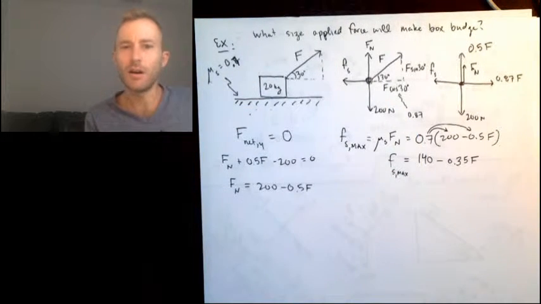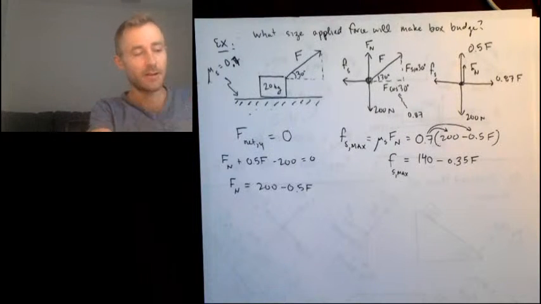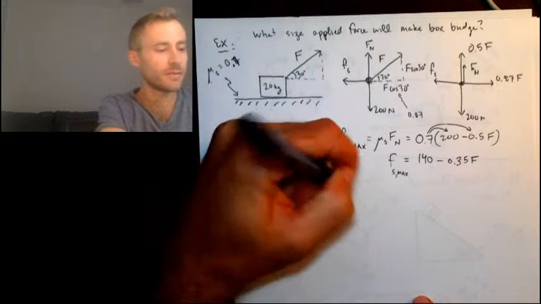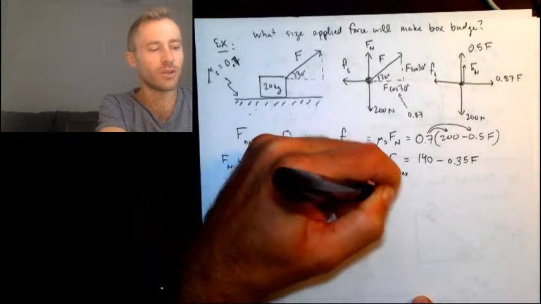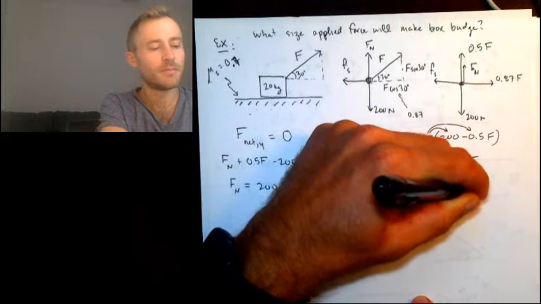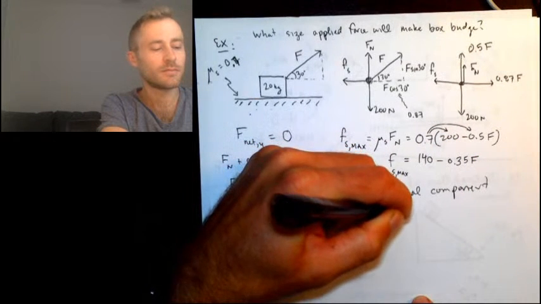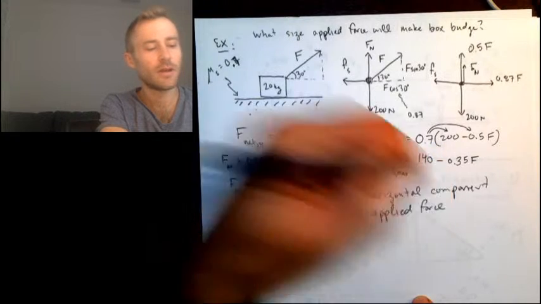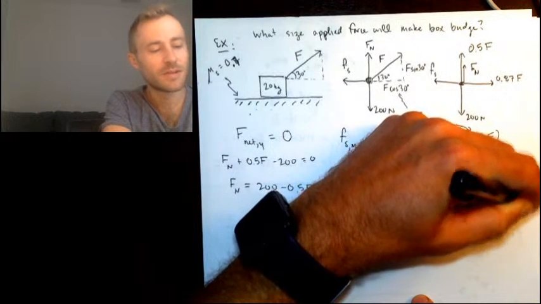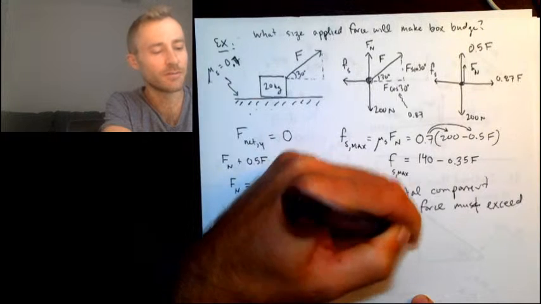Okay. Now here's the thing. The horizontal component of the applied force must exceed the maximum static friction for motion to occur.